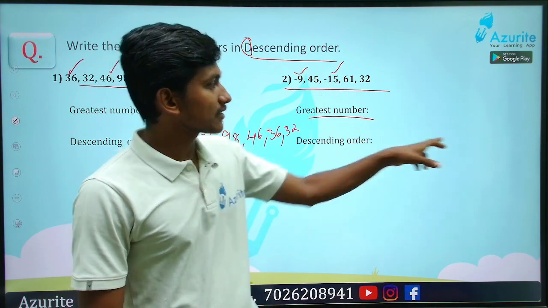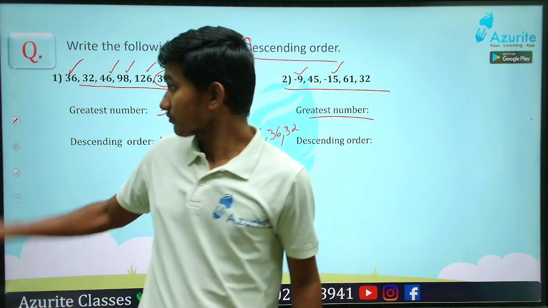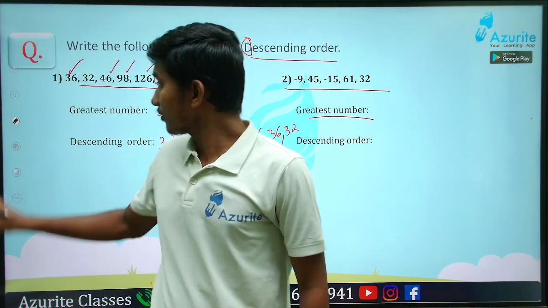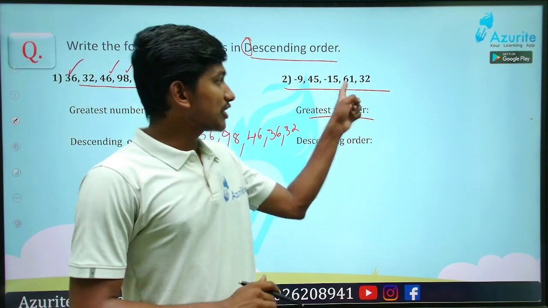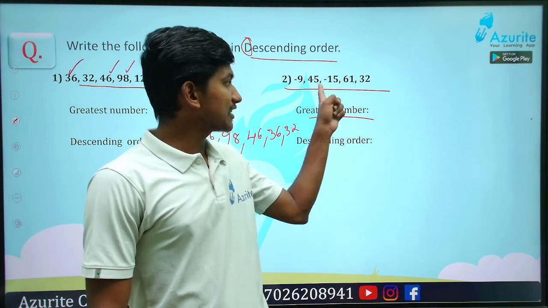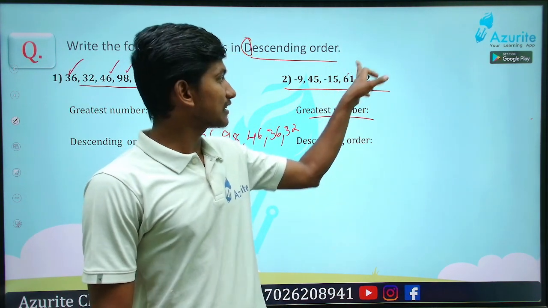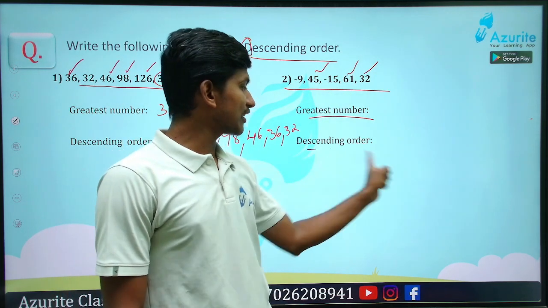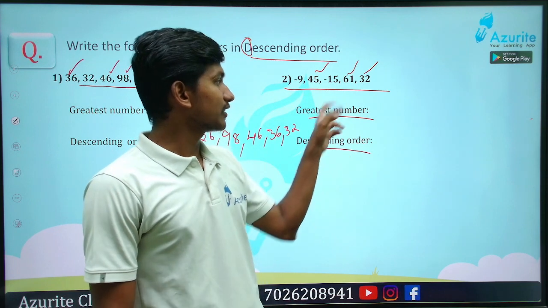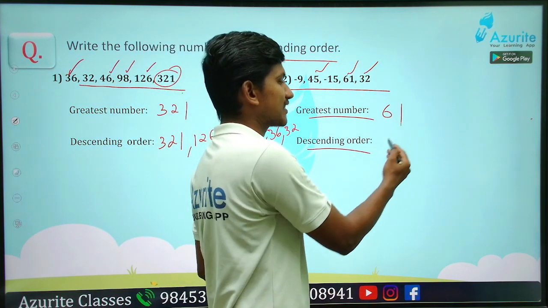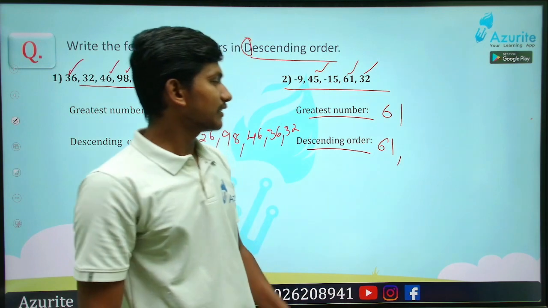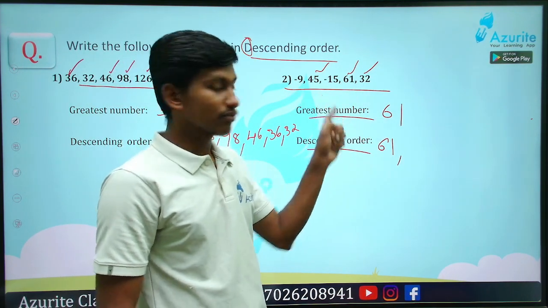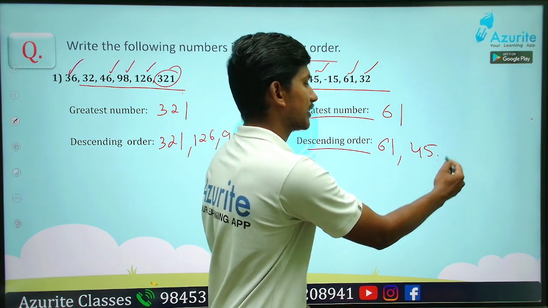The positive numbers 61, 32 and 45: in the descending order we write the bigger first. So 61 first, after that 45, after that 32.